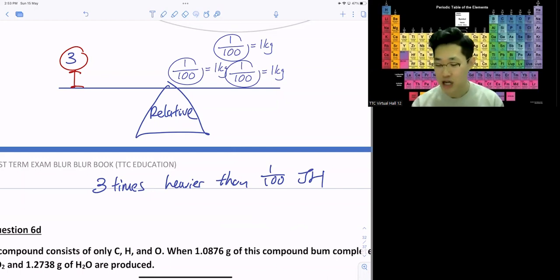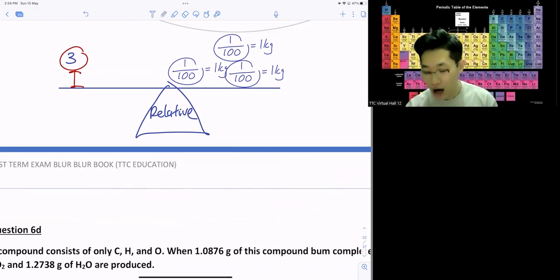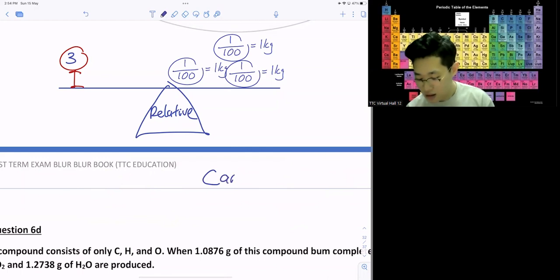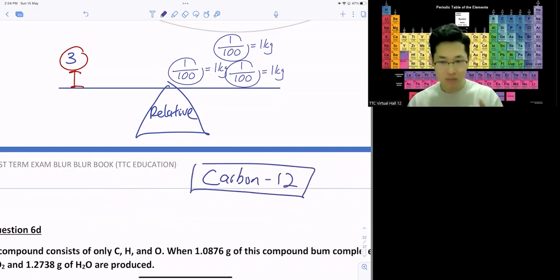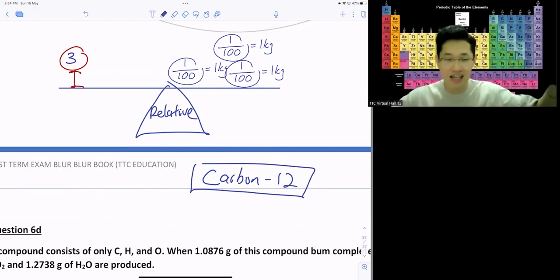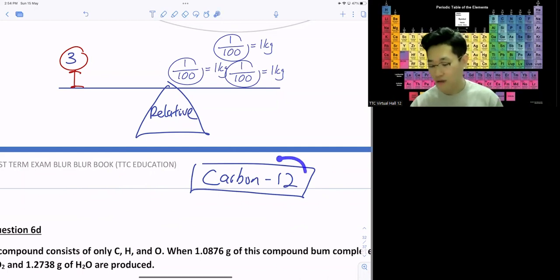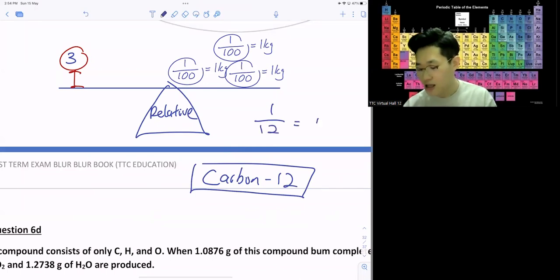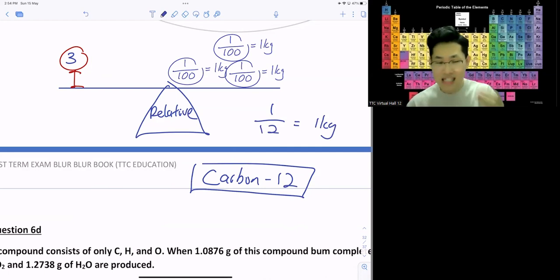So this example is trying to tell you that carbon 12 is called 12 because you can imagine carbon is 12 kg. I mean, imagine, not actually 12 kg. Jung Hao is 12 kg. If you cut this thing into 12 pieces, 1 over 12, it actually means 1 kg. So that's the meaning of relative.